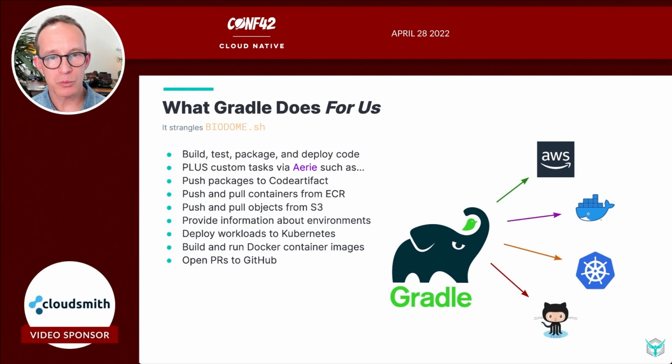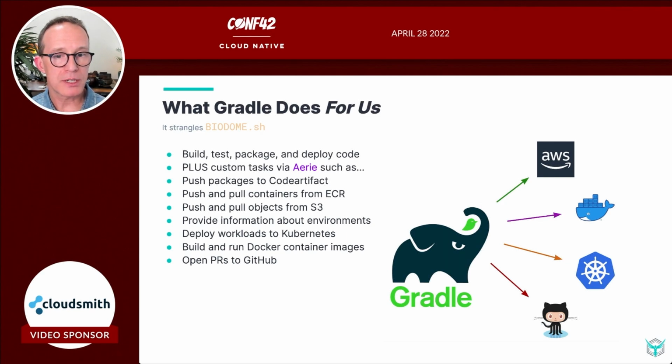So what Gradle ends up doing for us over time, as we start to develop our own plugins and tasks, is not only build and test and package code, it can also pull these plugins that we're developing in our project that we call Airy. We can do things like authenticate to CodeArtifact, which isn't a tough thing to do, and most people just use a shell script to authenticate to CodeArtifact if they use it as their artifact repository.